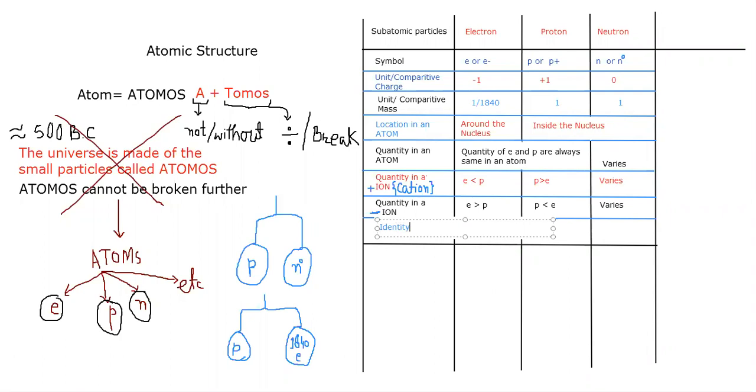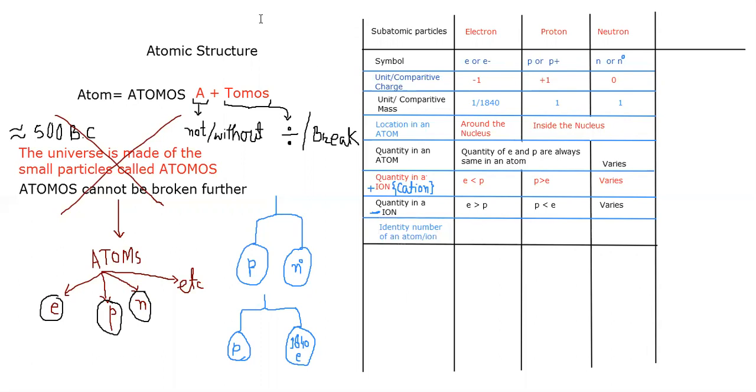You may also say that this is the identity card or identity number of an atom as well as of an ion. How can you identify what kind of atom this is?